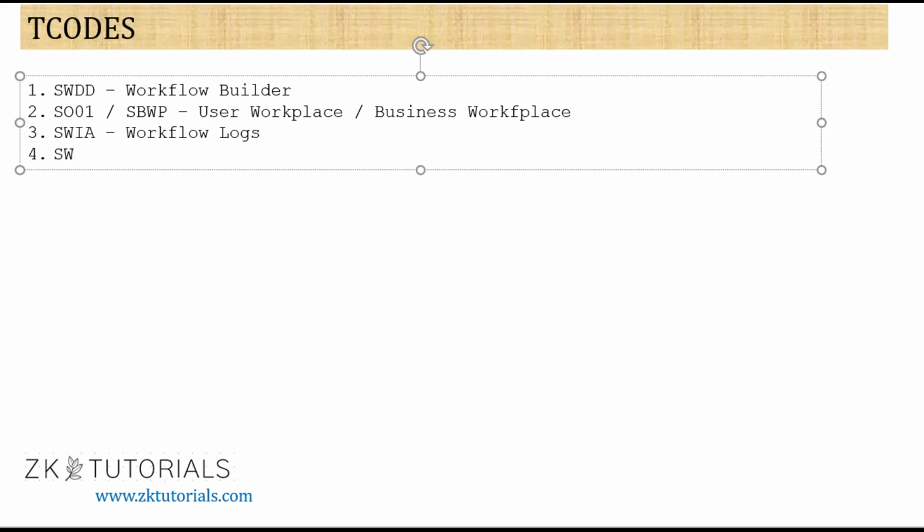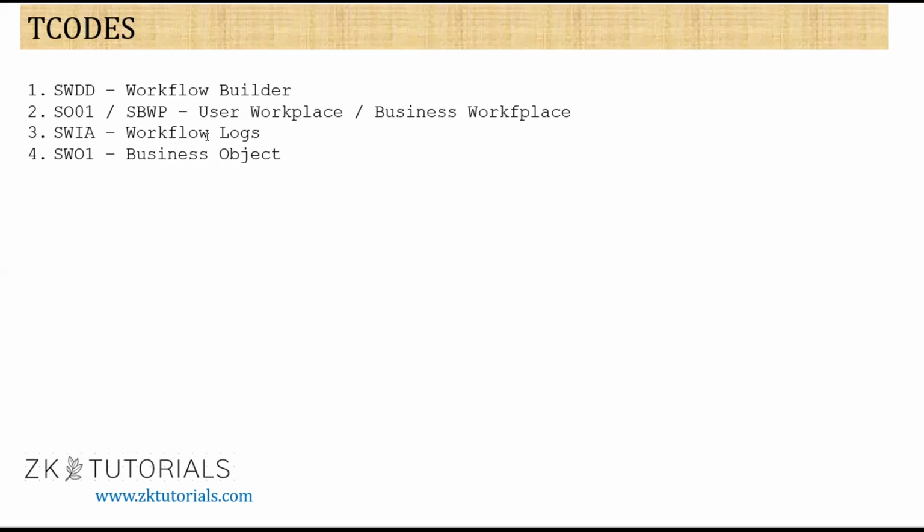This is SO01 and this is SWO1, and that is for the business object. We'll see the use cases of all of these T codes, guys. I hope till here everything is clear to everyone. I think there are no issues in understanding these topics. These T codes are clear to everyone, guys. So let me move to the next slide.